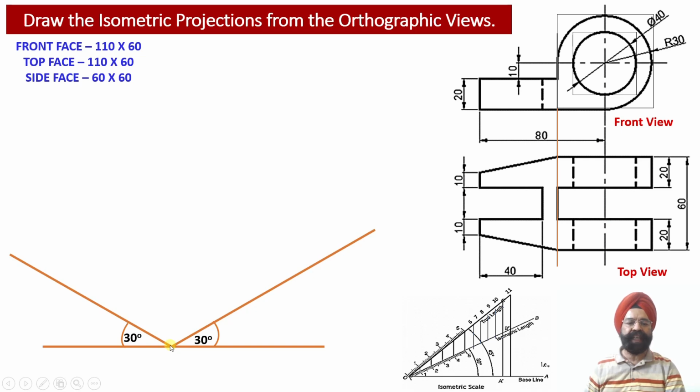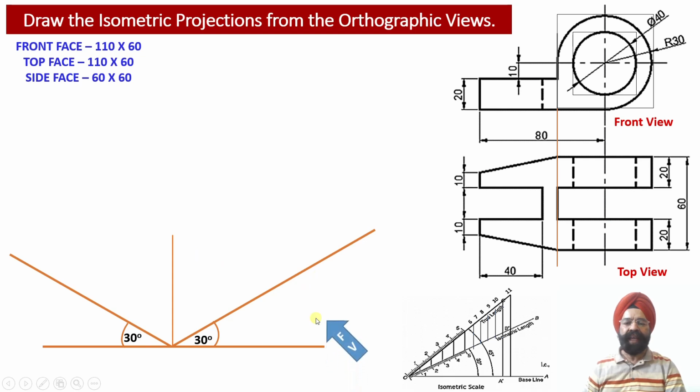From the center point, as we move along towards the left hand side inclined at an angle of 30 degree, the isometric x-axis has been obtained. From the center point, as we move along the right hand side direction inclined at an angle of 30 degree, the isometric z-axis has been obtained. And as we move along the vertical direction, the isometric y-axis has been obtained over here.